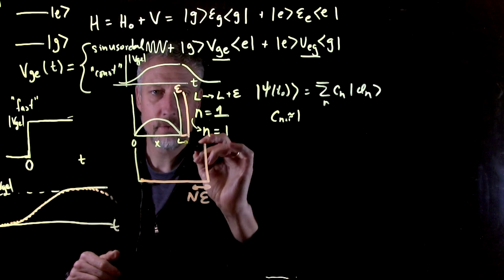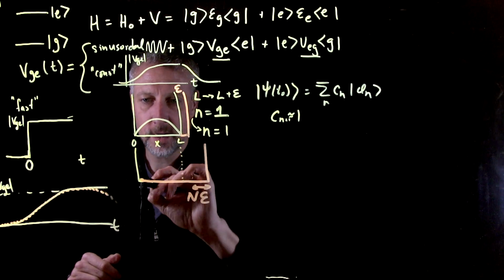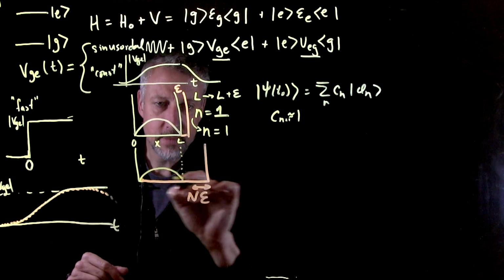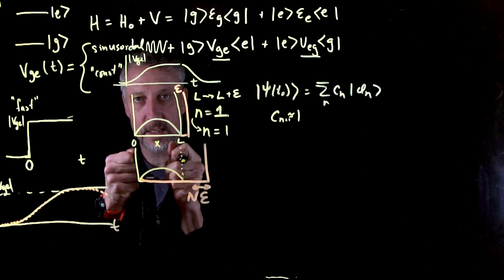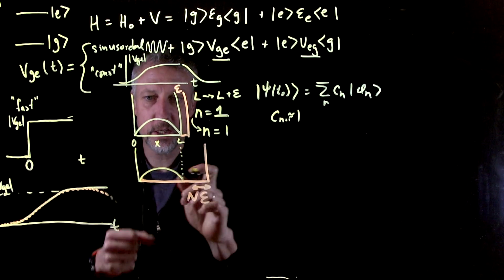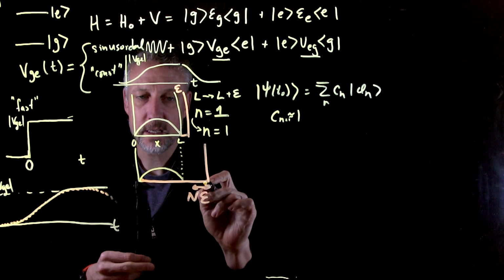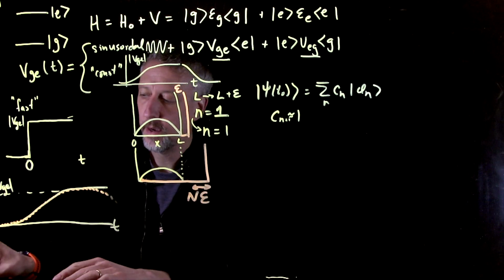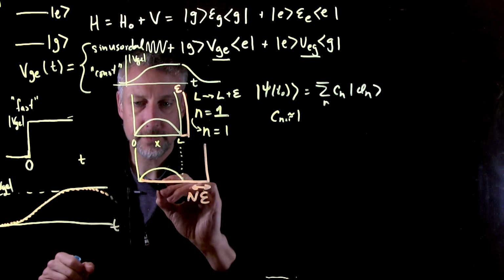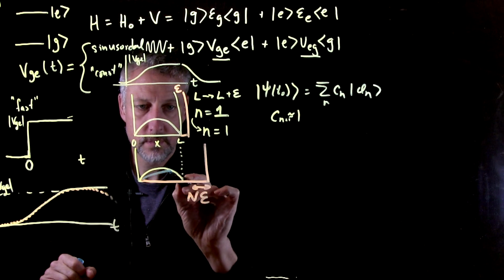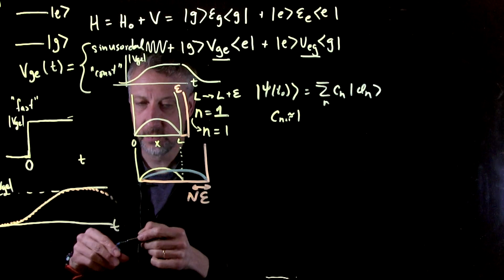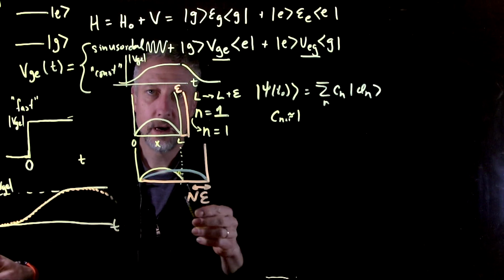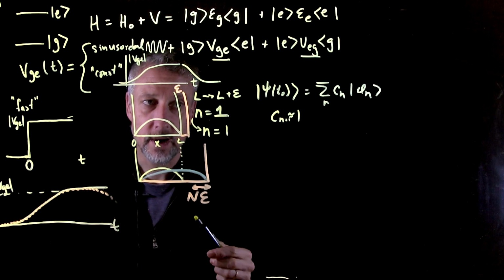If we remind ourselves of the size of the box, we started here. Each time we make it bigger, the wave function is going to basically track and get a little bit bigger each time that we make the box a little bit bigger. So eventually, it'll look like this. Right? And it will still be the ground state of the new, larger particle in the box.